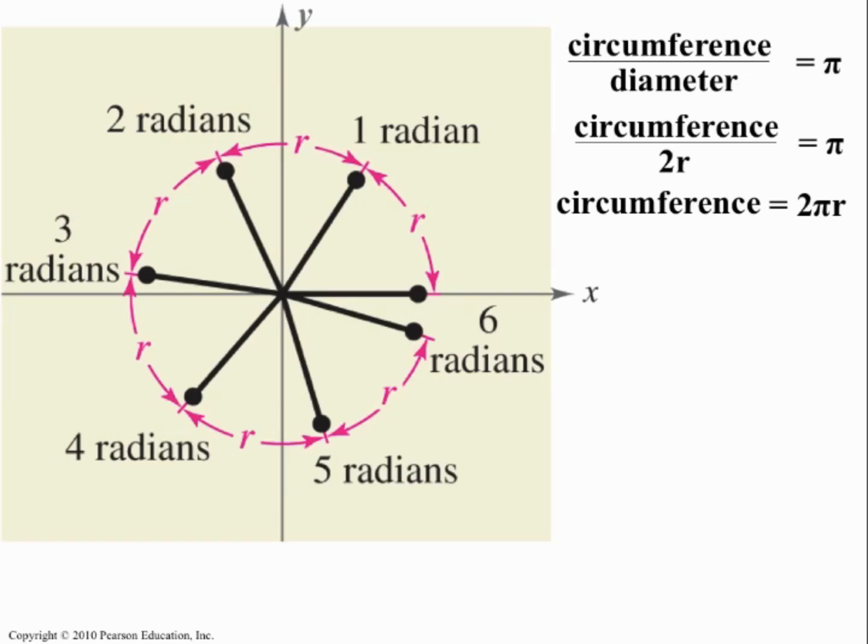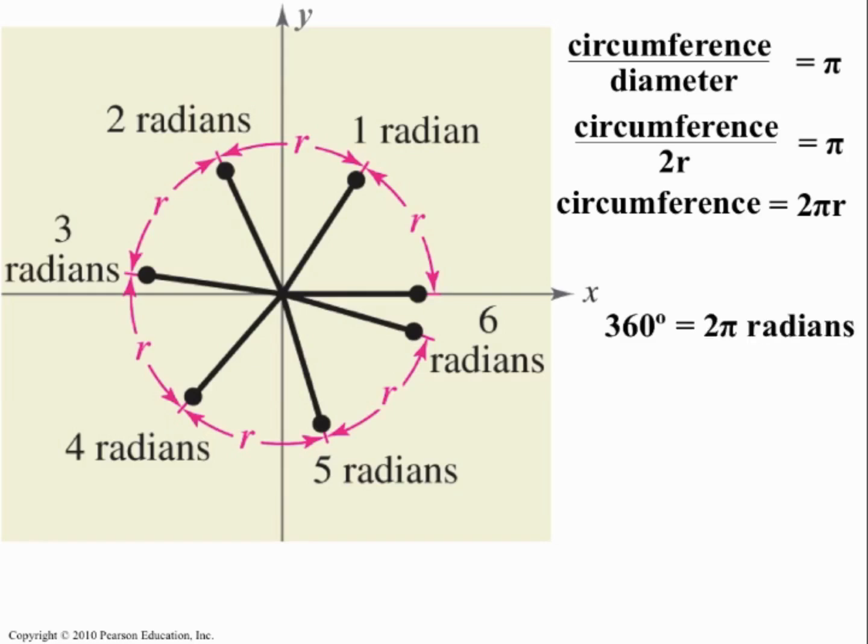By circumference, I mean the total way around a circle. If I start here and trace all around the circle, the distance that I'm tracing out is the arc length, which for a full circle is equal to 2 pi r.